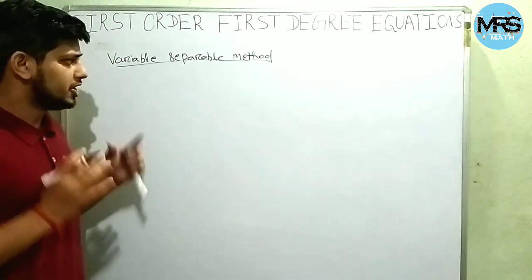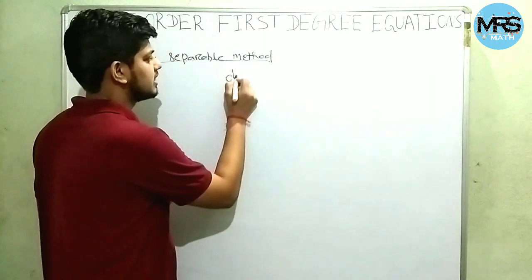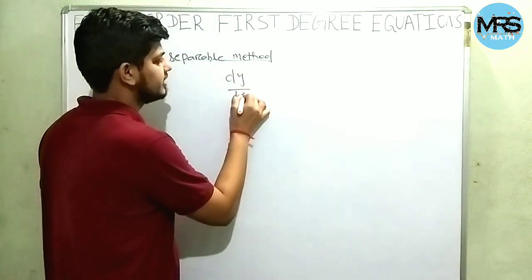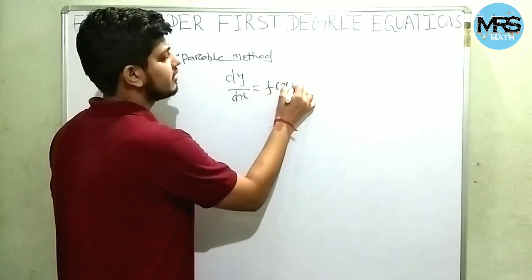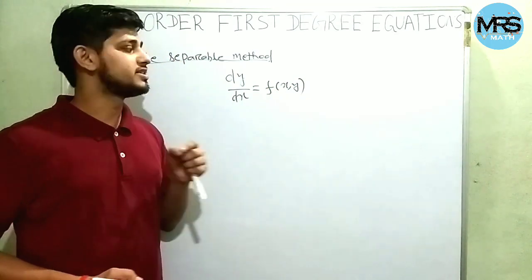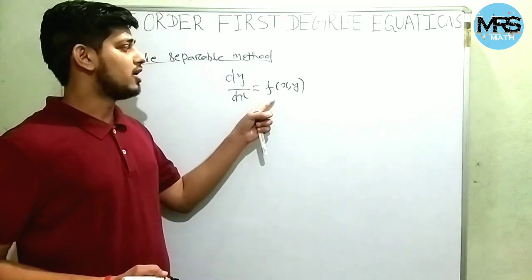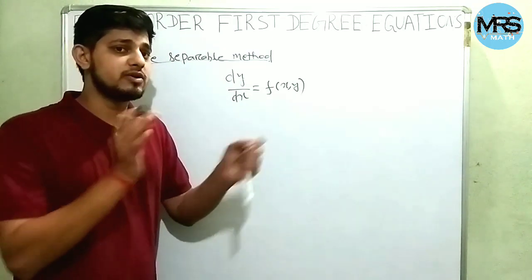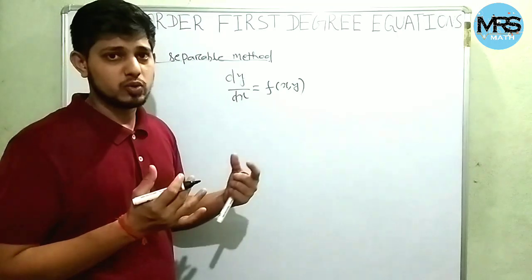Here I can write the first order differential equation as dy by dx equal to f of x, y. This is a first order and first degree differential equation of a function of x and y, where x and y are interlinked with each other.